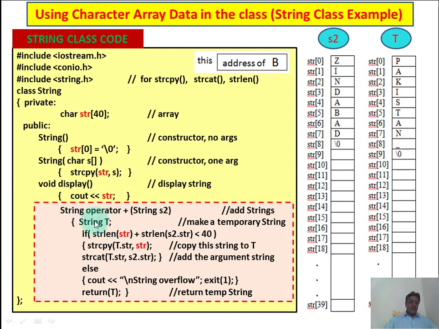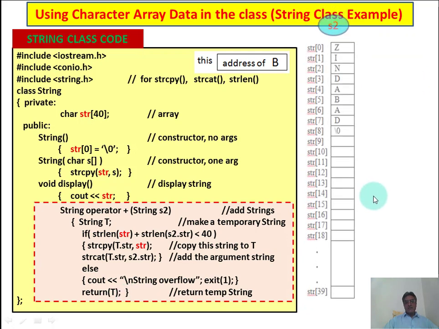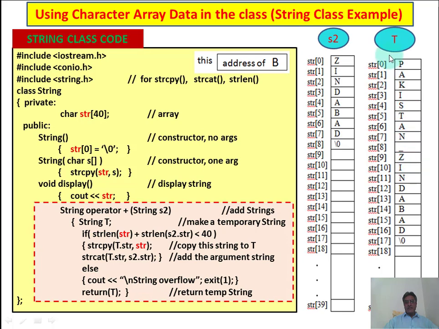T is the object of the string class. The value of T will be returned. The value of T is actually here, this one. Now the value of T is Pakistan Zindabad. So the computer will return the value of T, that is Pakistan Zindabad.